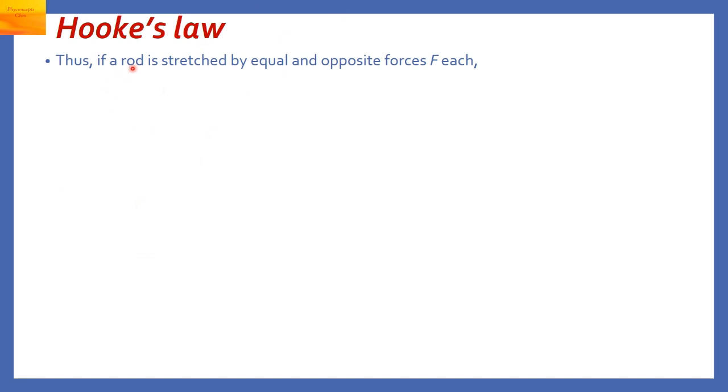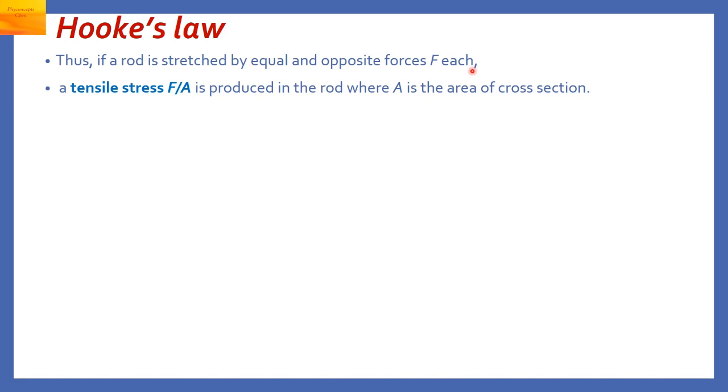So if you consider a rod, if a rod is stretched by equal and opposite forces F each, we can write down the tensile stress as force upon area, that is F upon A. A is the area of cross section.